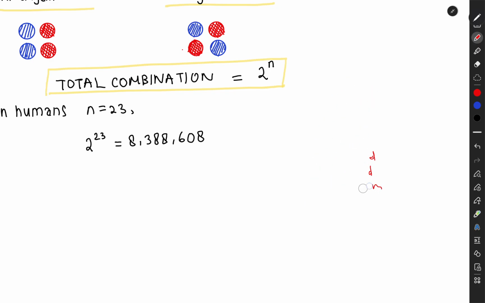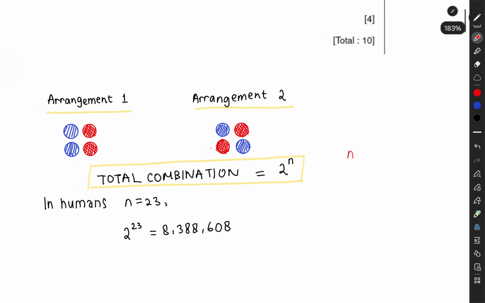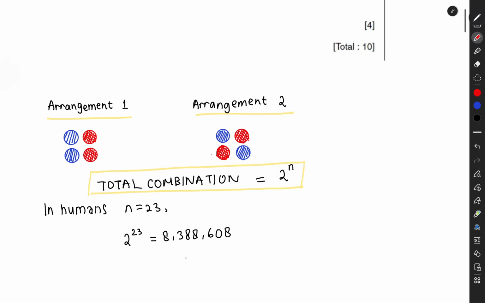And just say that we have n number of chromosome pairs. So the total combination will be 2 to the power of n. In humans, we have 23 pairs, or 46 chromosomes, and it results in about 8 million possible combinations.